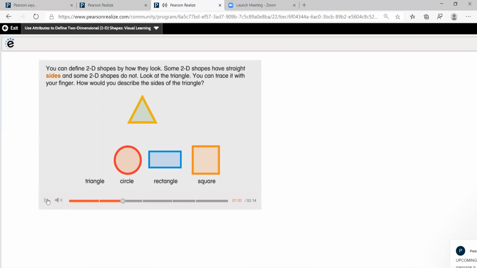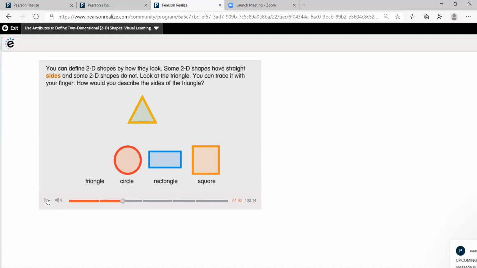You can define 2D shapes by how they look. Some 2D shapes have straight sides and some 2D shapes do not. If you look at the triangle, trace it with your finger. How would you describe the sides of the triangle?